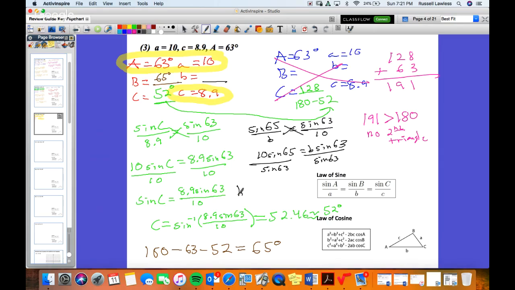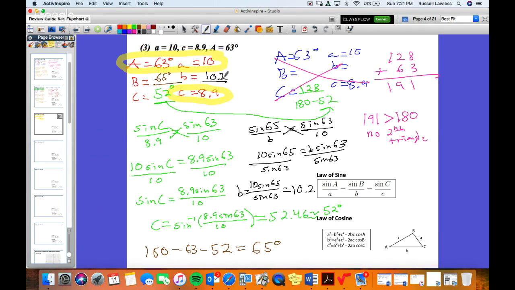So B would be equal to 10 sine 65 over sine of 63, which when simplified gives us 10.17, or we can just call it 10.2.